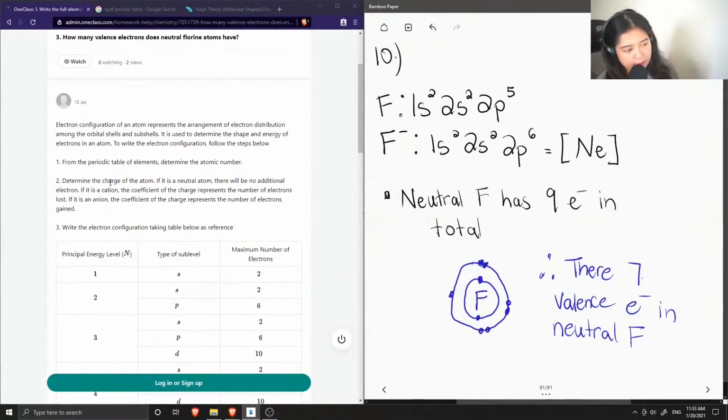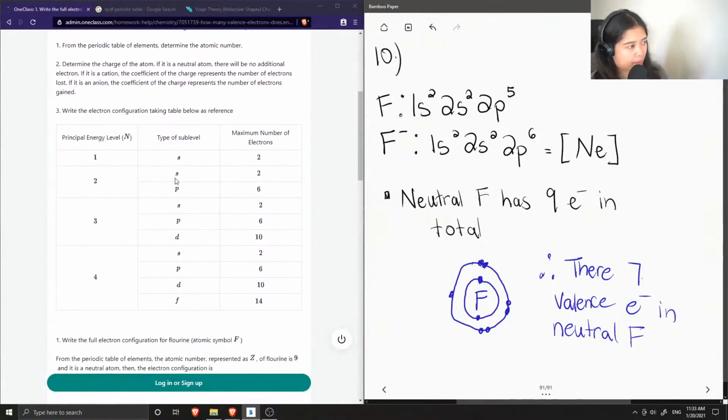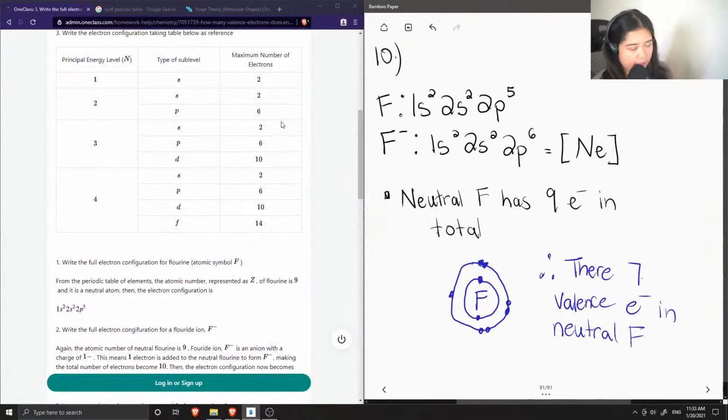If it's a cation, which is positively charged, then the coefficient of the charge represents the number of electrons lost. If it's an anion, the coefficient of the charge represents the number of electrons gained. 3. Write the electron configuration, taking the table below as a reference. Okay, so this is a helpful table to help write the electron configuration, and they just summed up all the different sublevels and how many electrons will be found in each orbital.